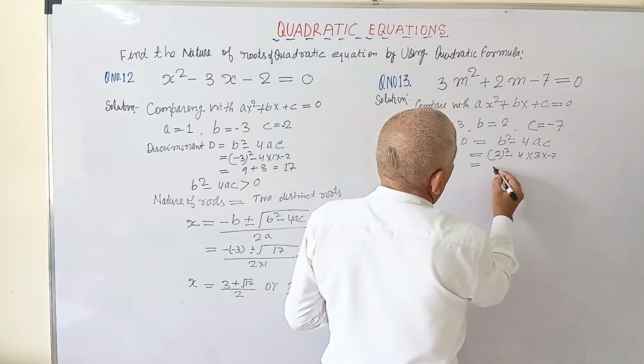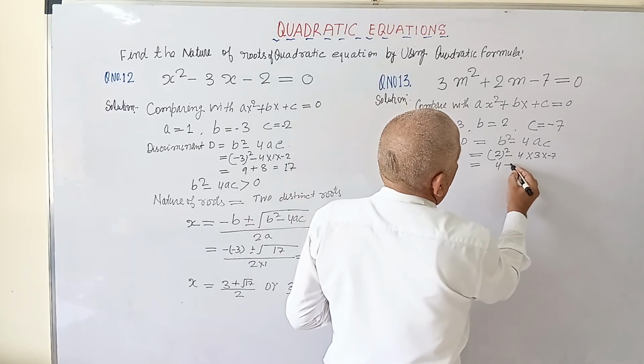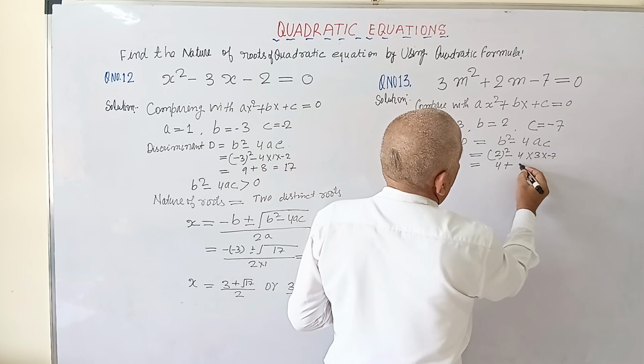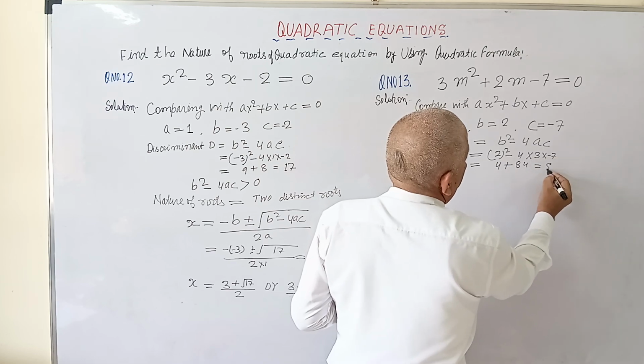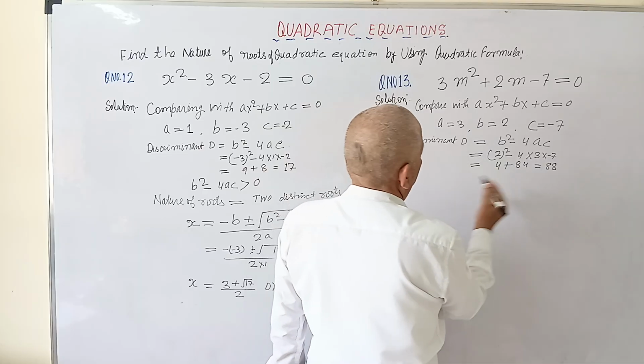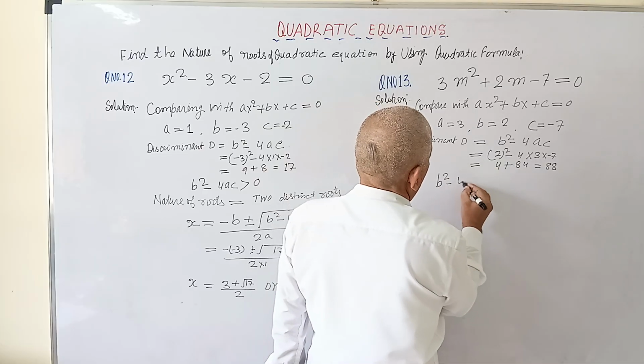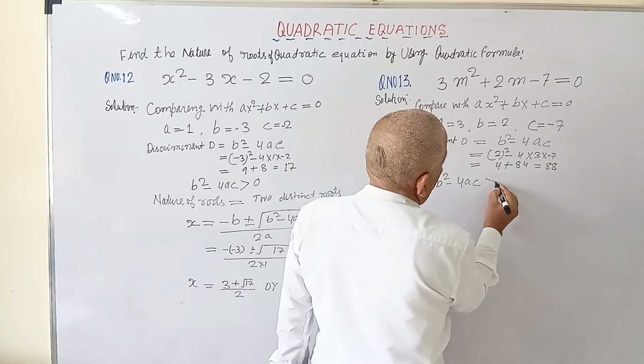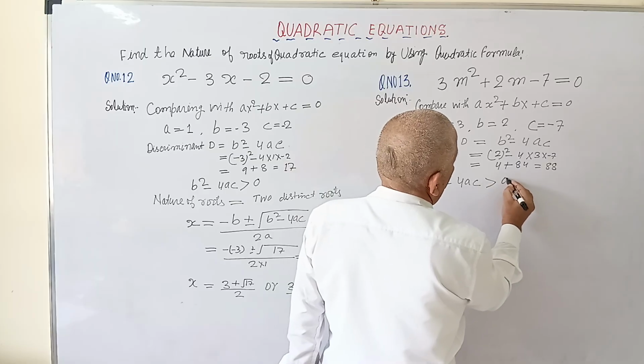So this will be 2 into 2 is 4 plus 84, that is 88, which is greater than 0. So I will write b square minus 4ac is greater than 0.